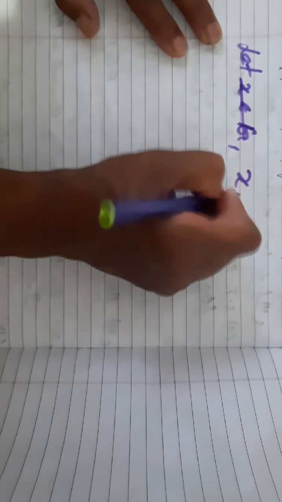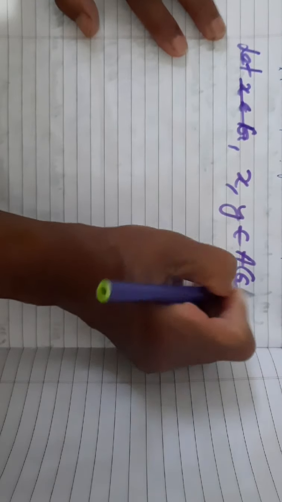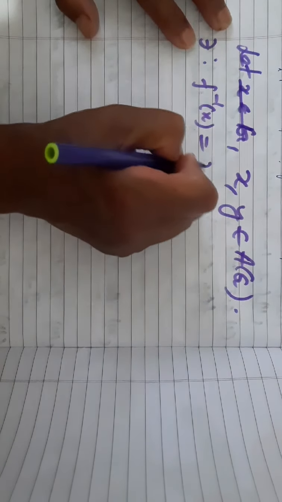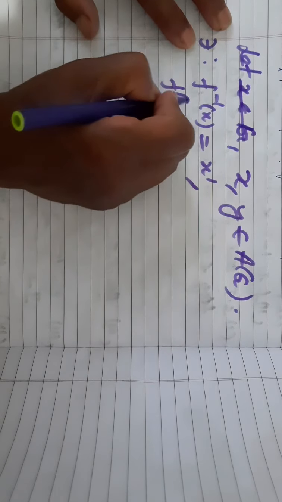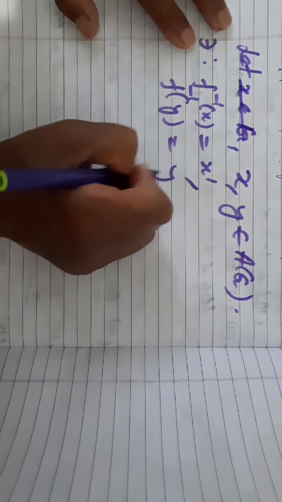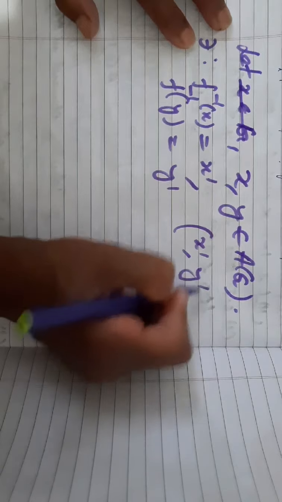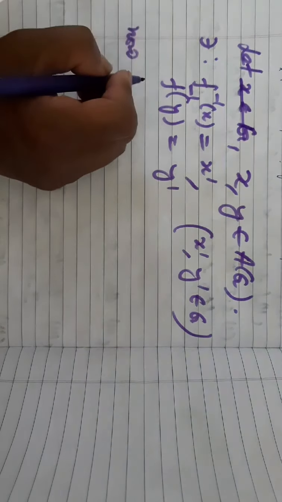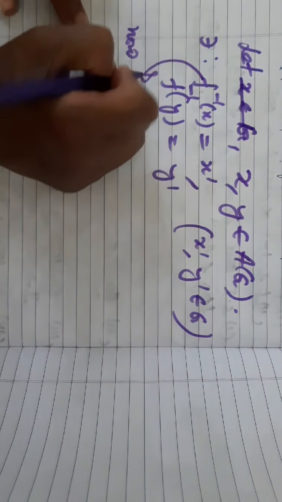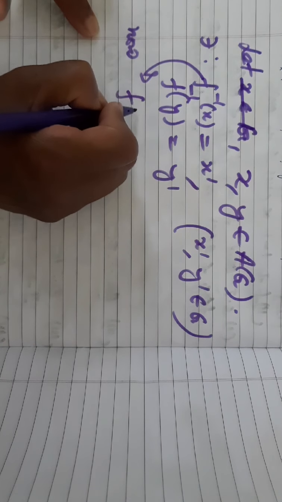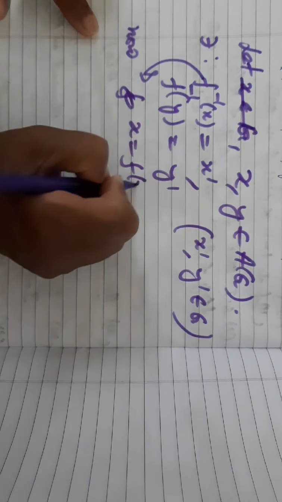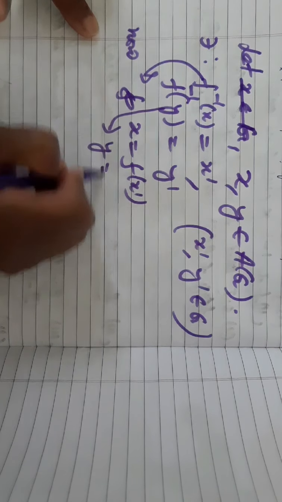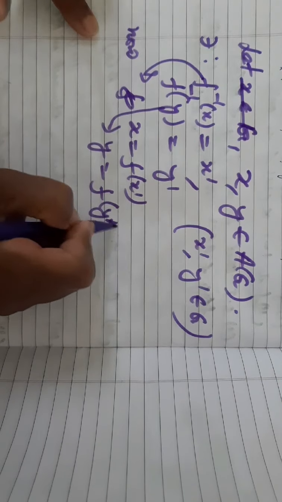Let us take x and y belonging to G, such that f inverse of x is equal to x prime, and f inverse of y is equal to y prime, where x prime and y prime are again elements of G. Now, from here it implies that x is equal to f of x prime, and from the second one, y is equal to f of y prime.